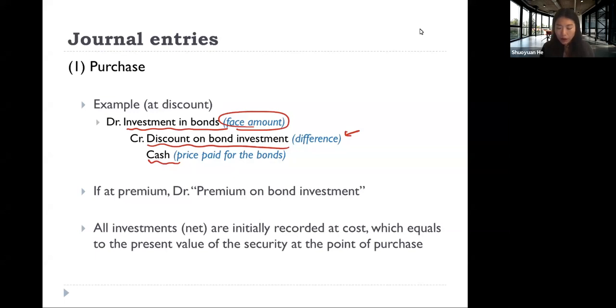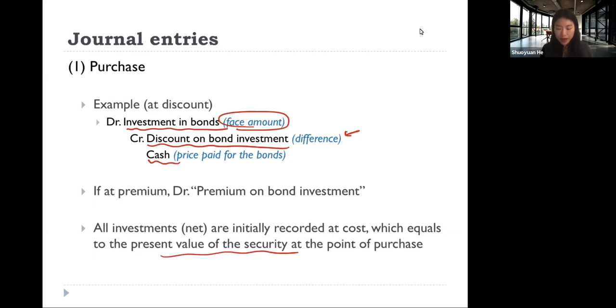So all investments are initially recorded at cost, which is how much cash we are paying for this investment, which is also equal to the present value of the security at the point of purchase. So if this is a fair transaction, meaning that we're not pointing a gun at your head for you to be engaging in this transaction with me, then the bond should be translated at its fair value, meaning that the price we're paying to get this bond should be equal to its present value at the time of purchase.